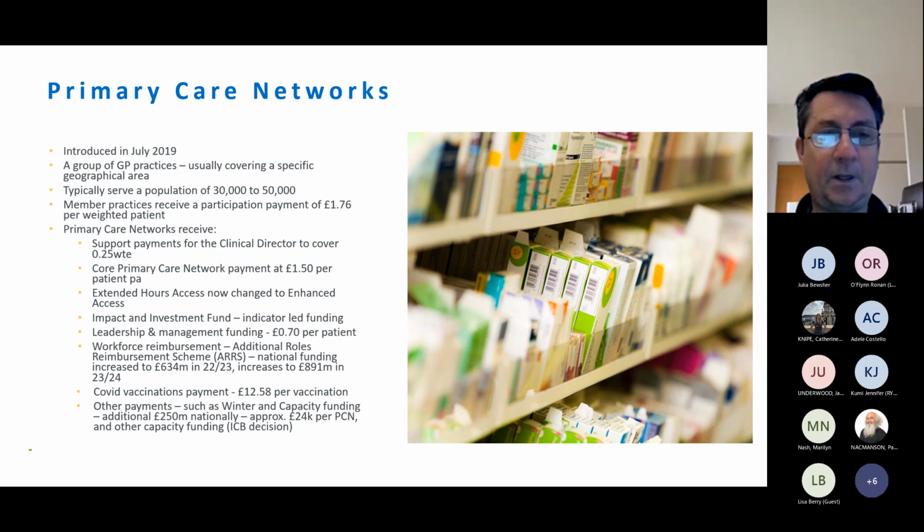There's leadership and management funding, 70p per patient again. And then, like you say, the biggest element really is the workforce reimbursement, which is the additional roles reimbursement scheme.